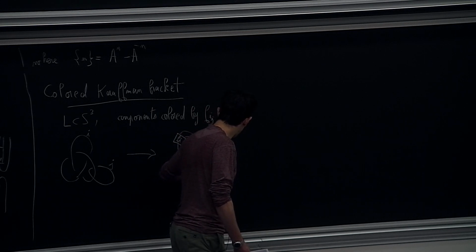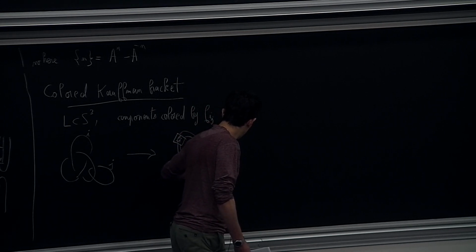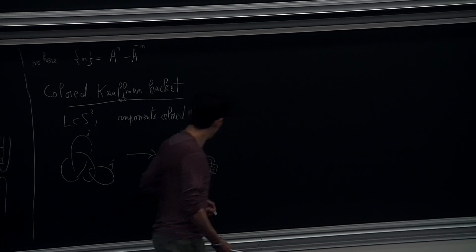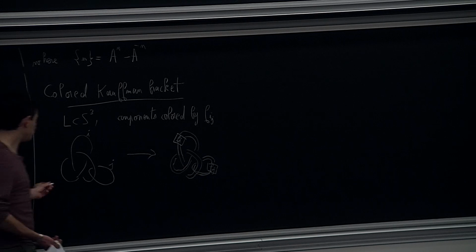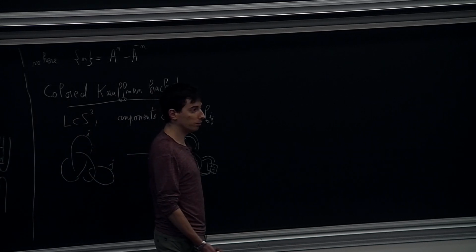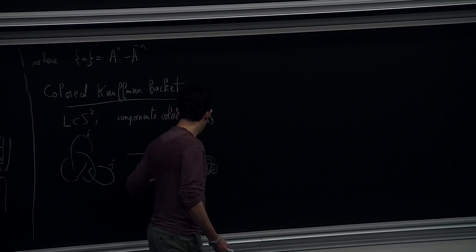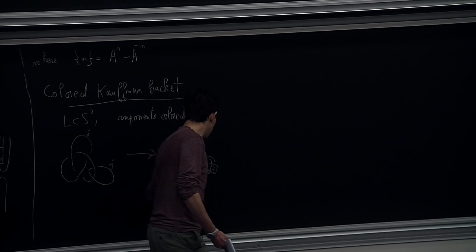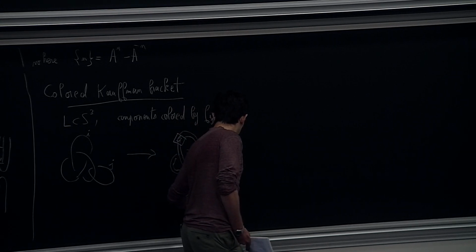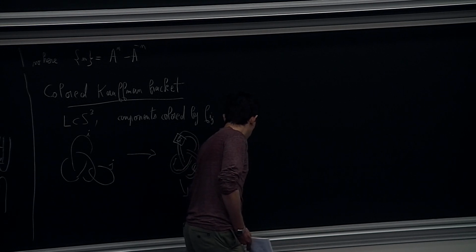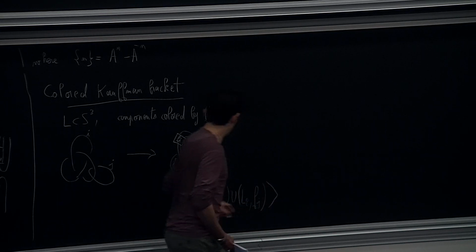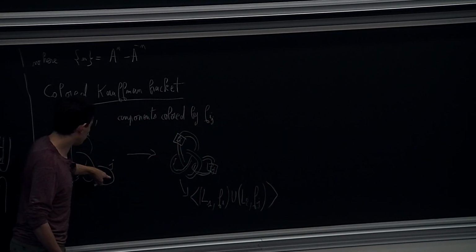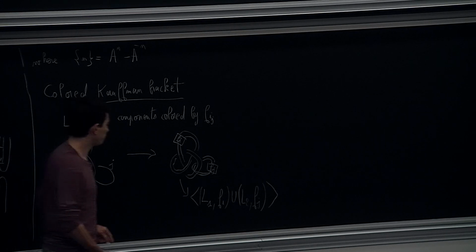And I do the same for the other. Okay, and then I take the Kauffman bracket of this. So here I get the bracket of L_1 colored by f_i, union L_2 colored by f_j, where L_1 would be this component and L_2 would be this component.